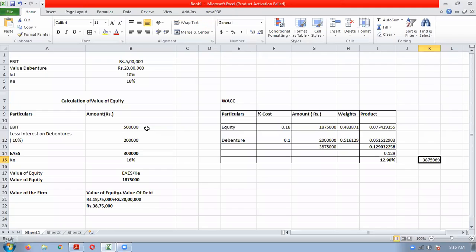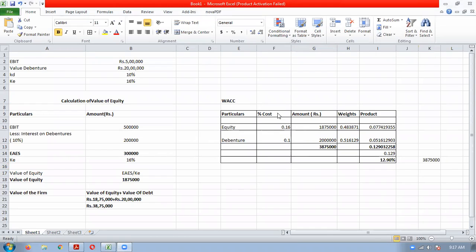See, if you capitalize the EBIT with the WACC, you will get the same amount, 38,75,000. Understood? EBIT you will capitalize at WACC, you will get the same value, 38,75,000. So two ways we have proved that value of the company is 38,75,000.